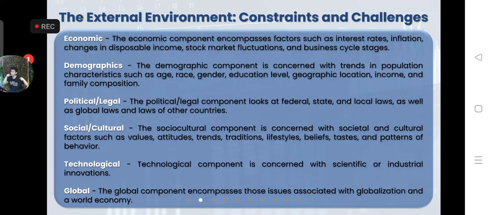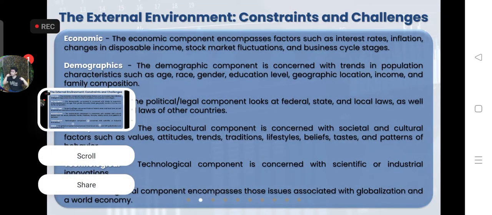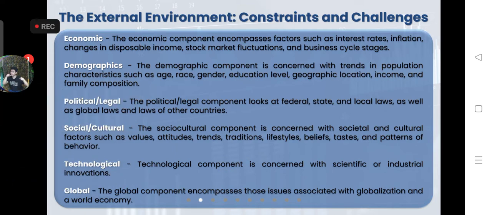So, the economic component encompasses factors such as interest rates, inflation, changes in disposable income, stock market fluctuations, and business cycle stage. So the economic components could happen in the country's economy as well as on an international level that affects the performance of an organization.